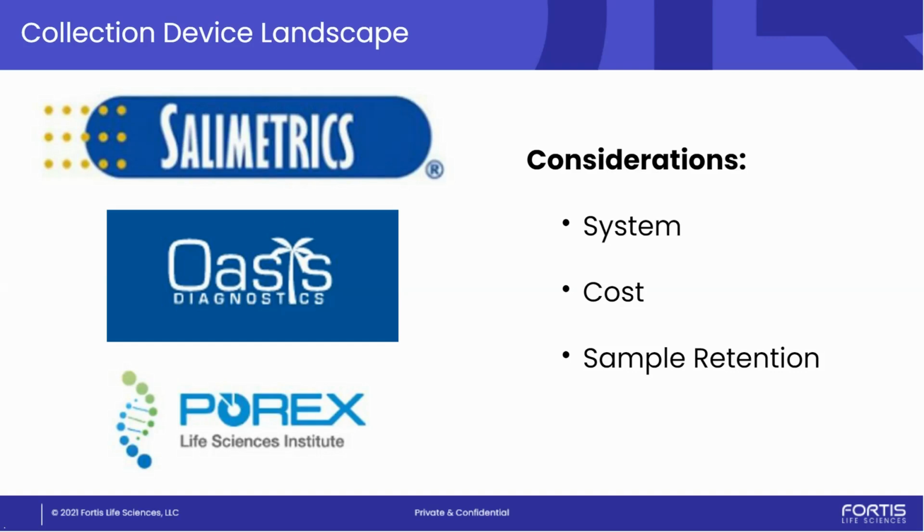Now, before you go down this path, because some of these devices can be quite expensive, you want to think about what your specific test system is going to look like, what that cost point you need to achieve is, and really start understanding what that sample retention is going to look like. So three considerations again with this space. How is a swab going to work in your system? OraSure determined an independent swab is not going to be the right path.